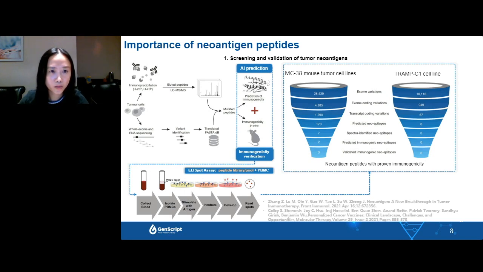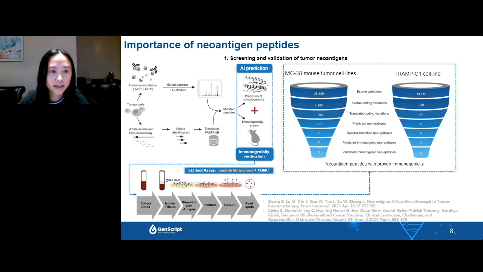First, we will use AI to predict the new antigens after several rounds of sequencing. After sequencing, the important part is to verify the immunogenicity. And lastly, we got the validated immunogenic new epitopes. From this picture, we can see from the beginning there are about 28,000 exome variations to finally only 3 validated new antigens. So how do we validate it?